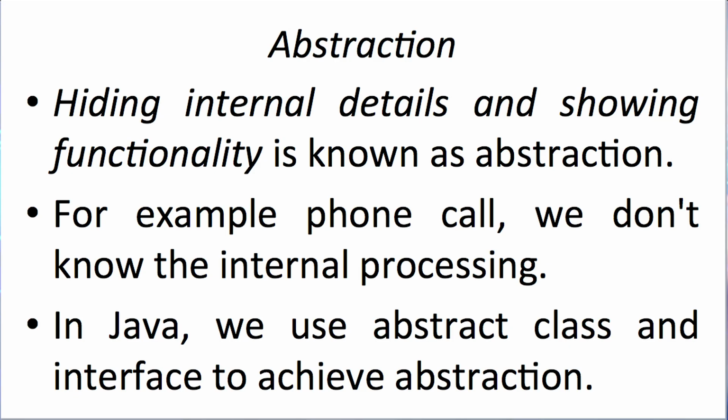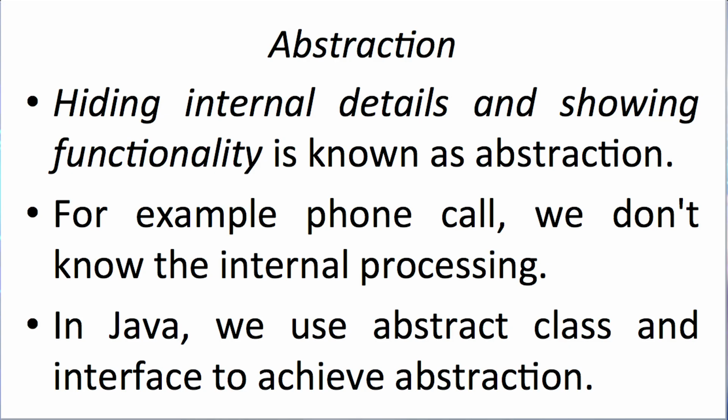For example, with a phone call, we don't know the internal processing. We only know we receive the phone call, but we don't know how it works. This is like abstraction. In Java we use abstract class and interface to achieve abstraction, where we define the method prototype. We will discuss abstract class as well as interface.